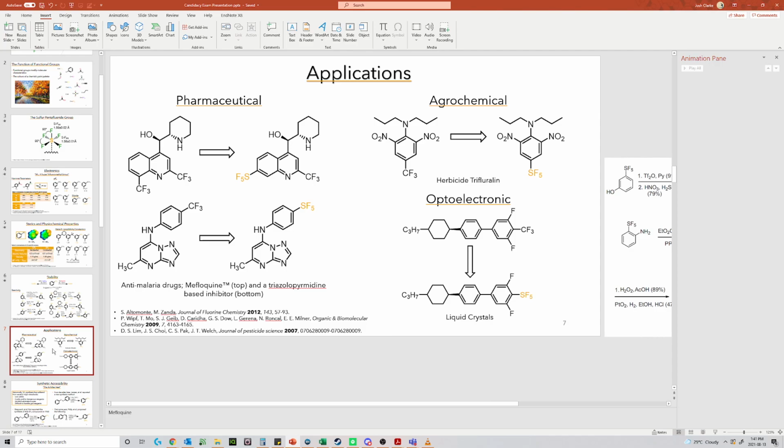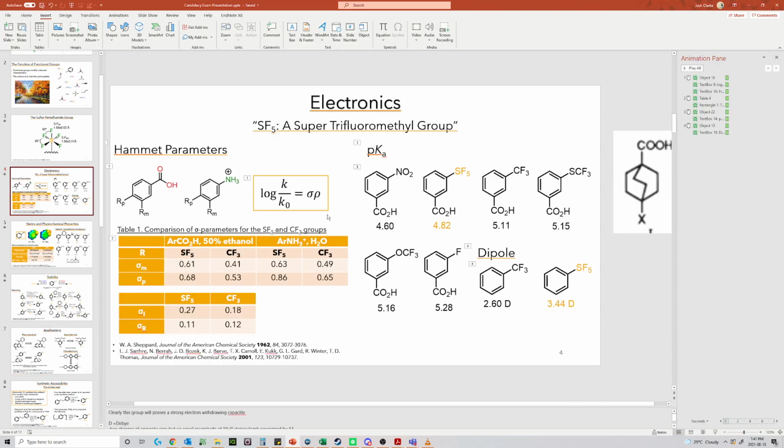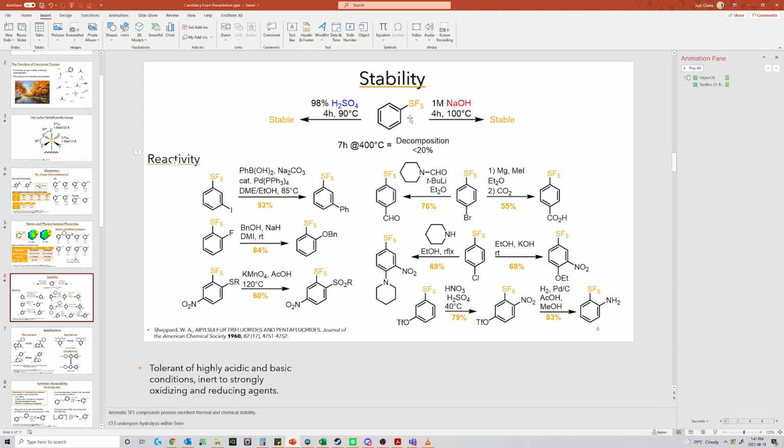I think the LD50 is like 4,000 grams per kilogram. Wait, sorry, 400 grams. Sorry, 4,000 milligrams. So 4 grams per kilogram. For the aryl SF5, so just a benzene substituted with SF5 like this.